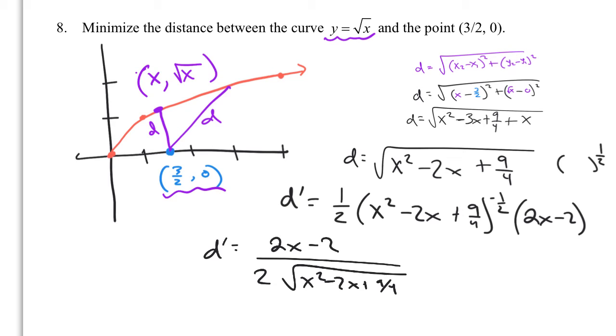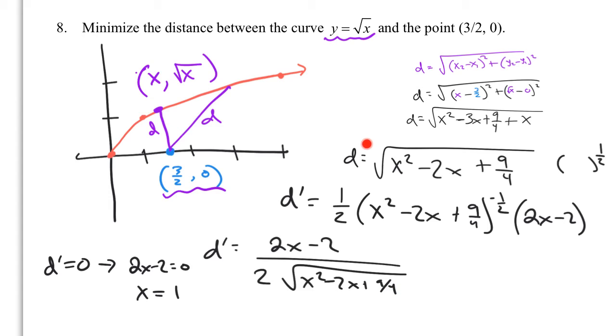And so the derivative is going to be 0 when the top equals 0. So for d prime equals 0, that will come from 2x minus 2 equals 0. So that gives me x equals 1. Now we're actually going to be able to ignore the bottom equaling 0, and the reason why is it never will equal 0.